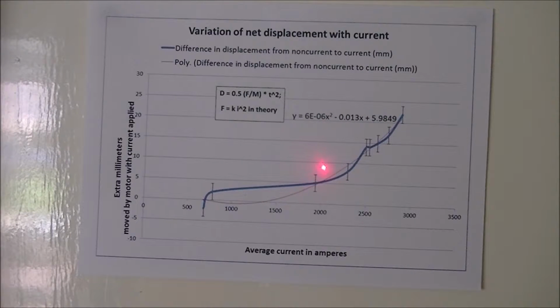And why is that? That is because the theory is that the force is proportional to the square of the current multiplied by some constant. And this graph, when you regress it, shows a square value, which shows that yes, it is varying as the square of the current.